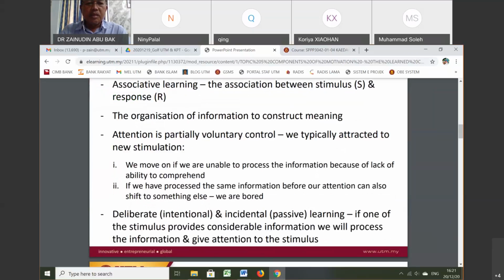That's why you see attention is partially voluntary control, right? We are typically attracted to new stimulation. Of course, when you look at something new, like a new car, we are attracted to the new car. Or maybe something we call new stimulation, something not so familiar at this moment.